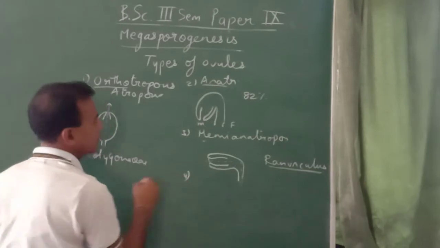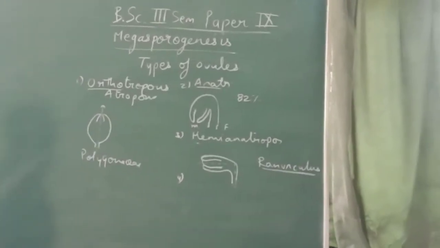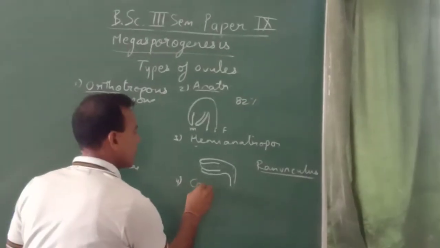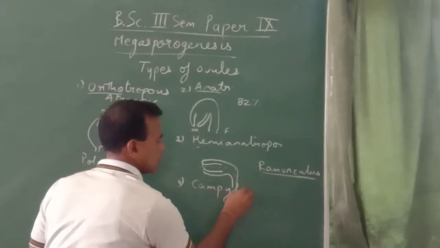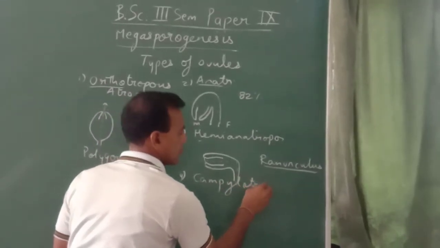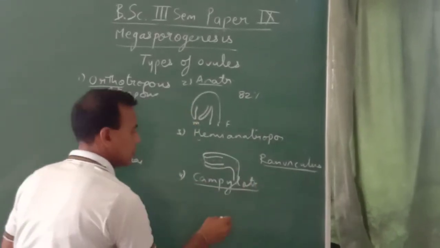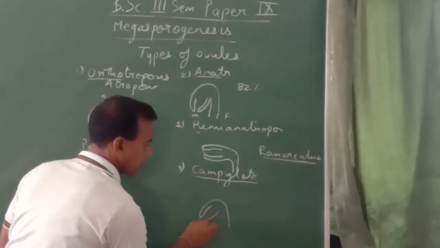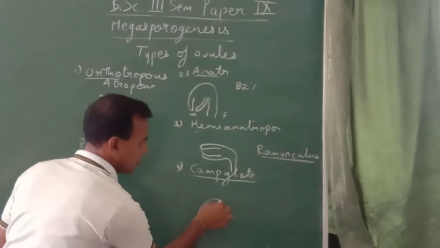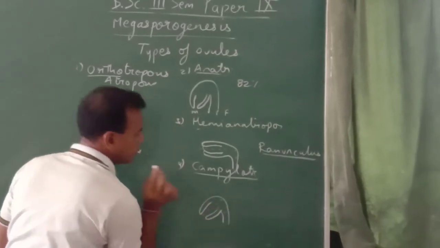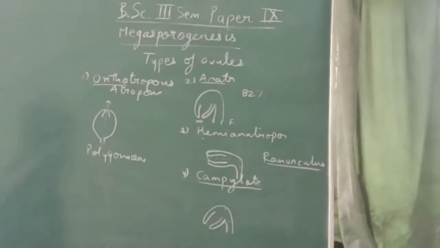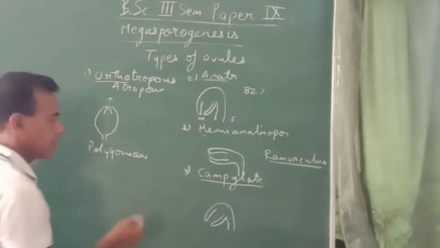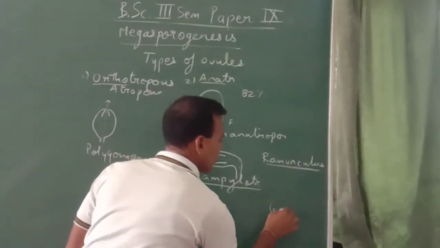Coming to the next type of ovule, which is campylotropous, in which the position of the ovule is between ana and hemi-ana, like this. It is at around 60 degrees, and it is very common in Leguminosae.